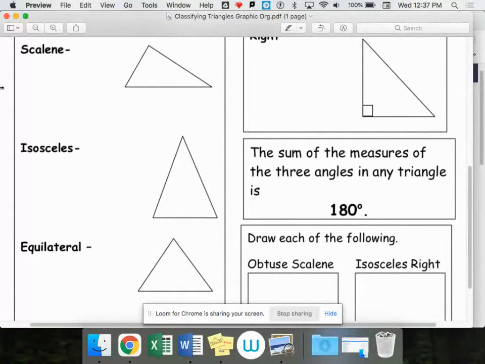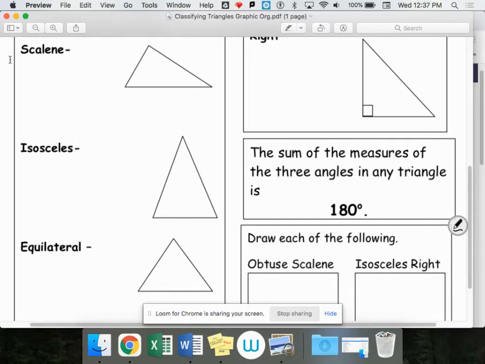The first way that we can classify triangles by their side lengths is called scalene. And in a scalene triangle, all 3 side lengths are different. None of them are the same.